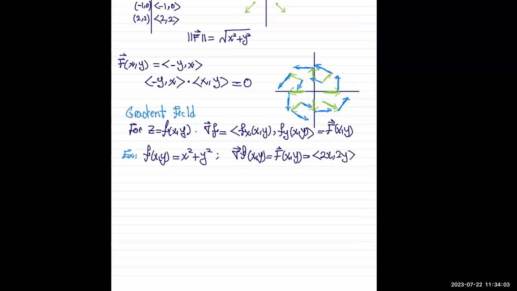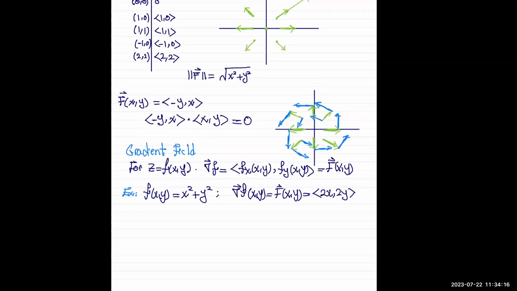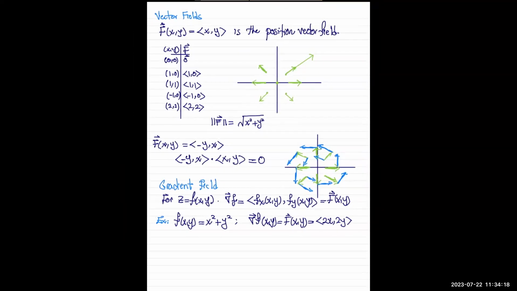Those are the partial derivatives. And this gives you a vector field in 2 dimensions. Now, what does this vector field look like? This vector field is just twice this first vector field, right? So vectors are going to all point away from the origin.